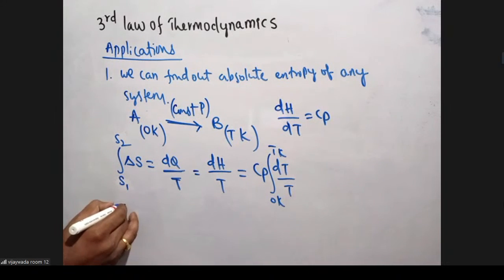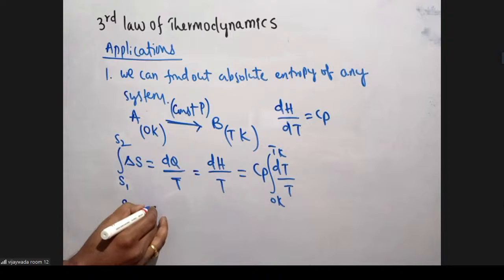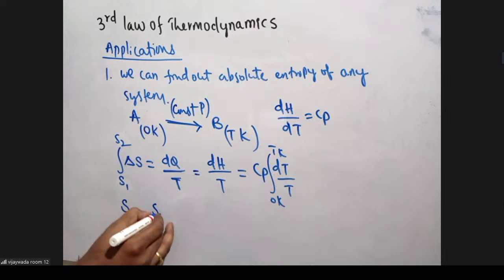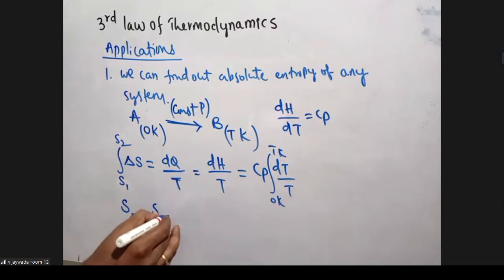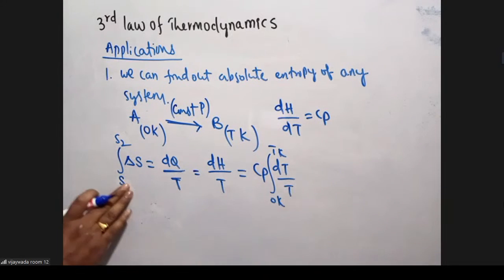What is delta S? Delta S equals entropy final minus entropy initial.